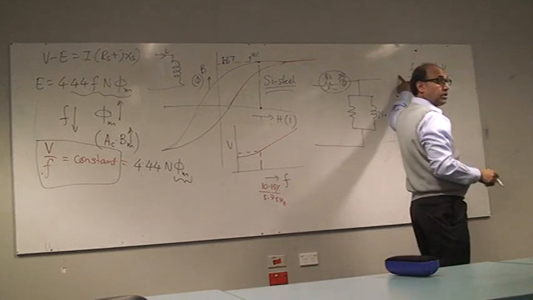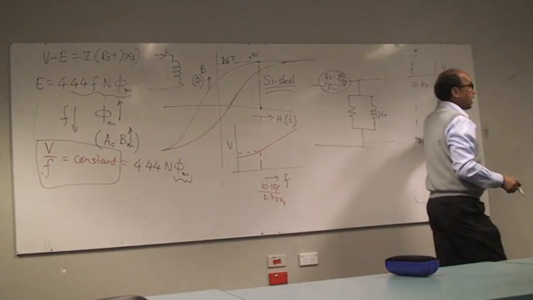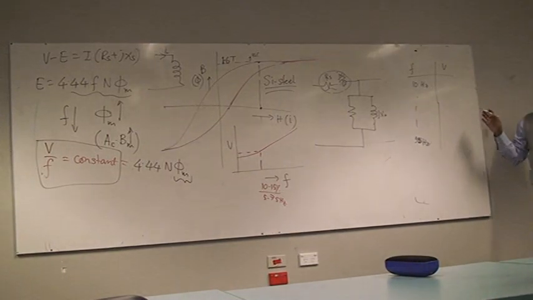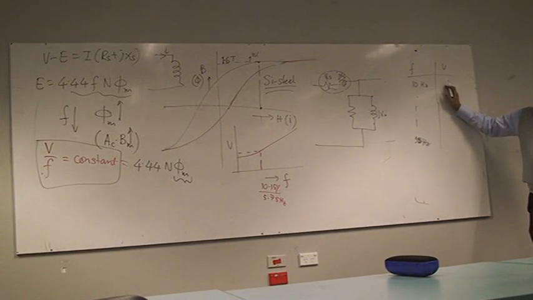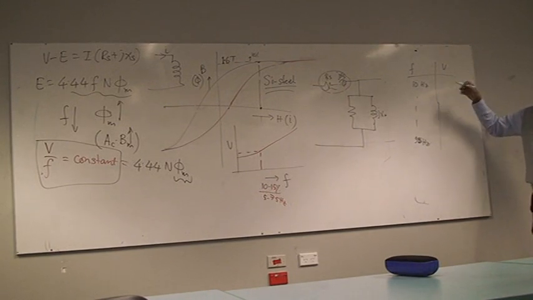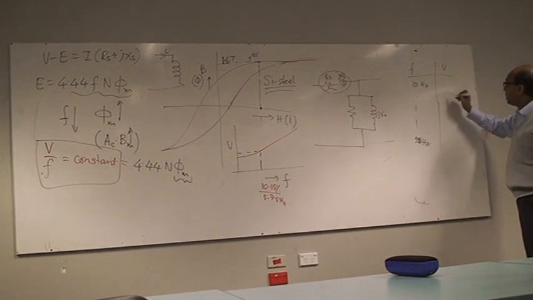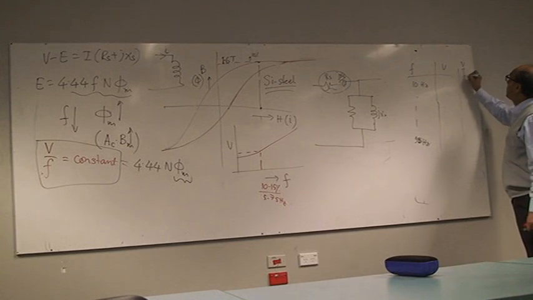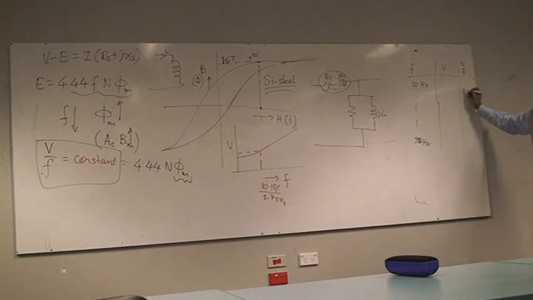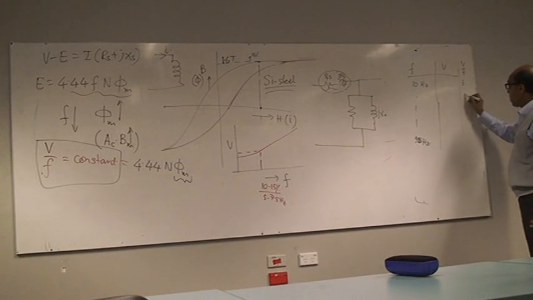You set the frequency and measure the voltage. Which voltage is this? It was the line voltage, which you can see from the display. You calculate V by F, and it started from 6, and the last one was 4.3.